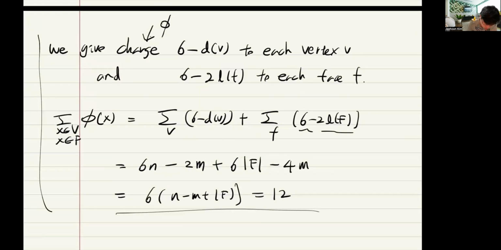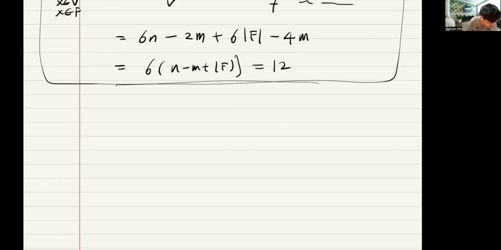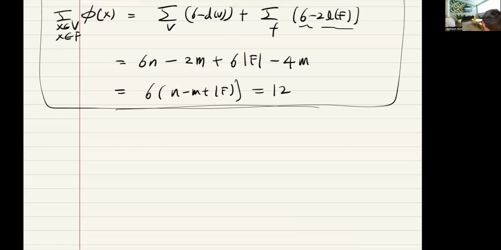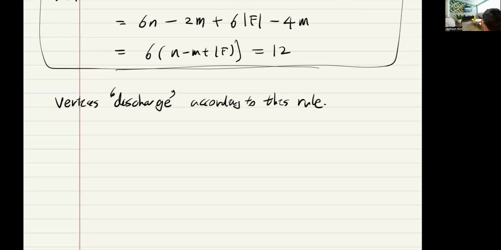So now we distribute this charge to vertices and bases. Now what do we do? We discharge this charge to vertices. So we move this value according to this rule. So what's the rule?